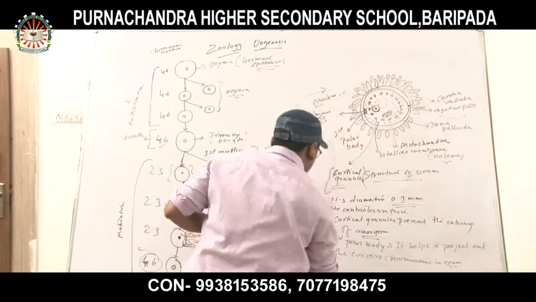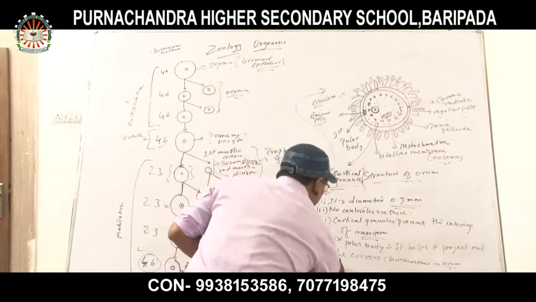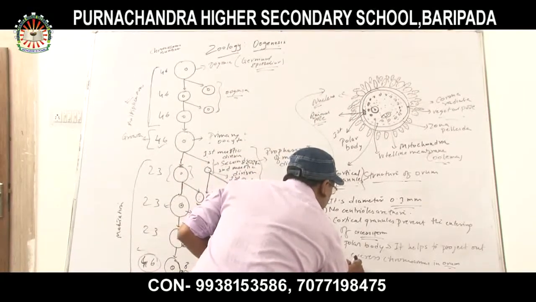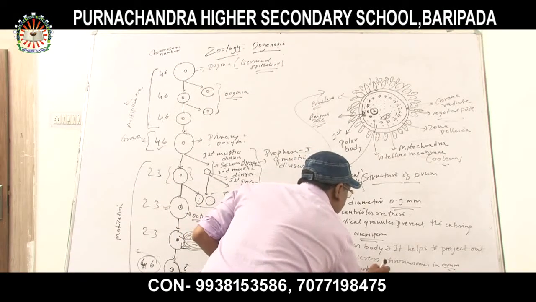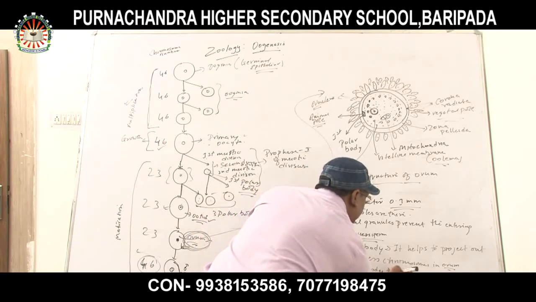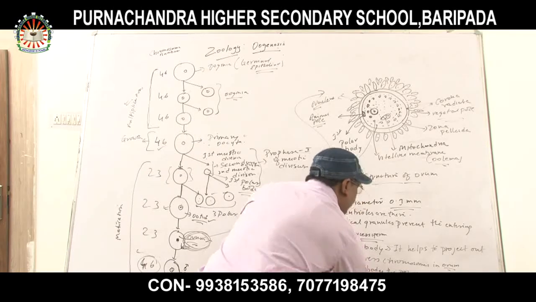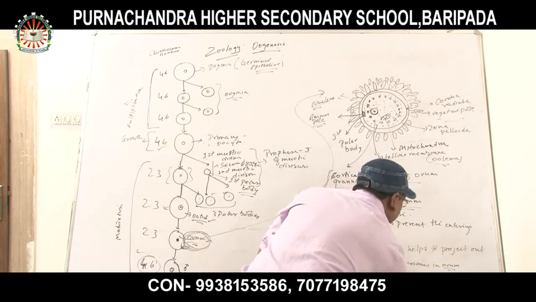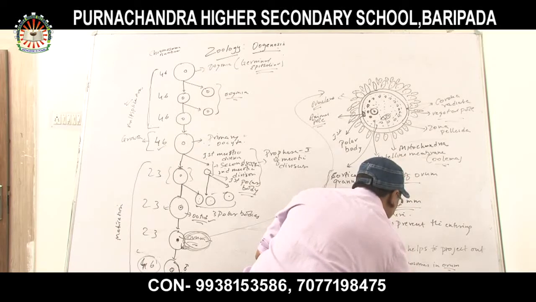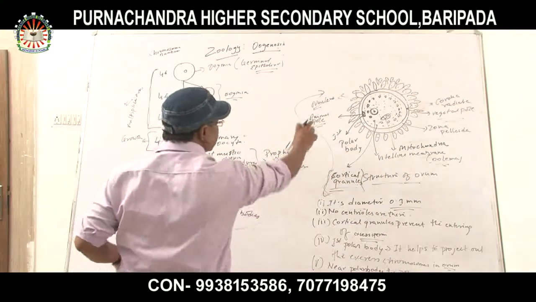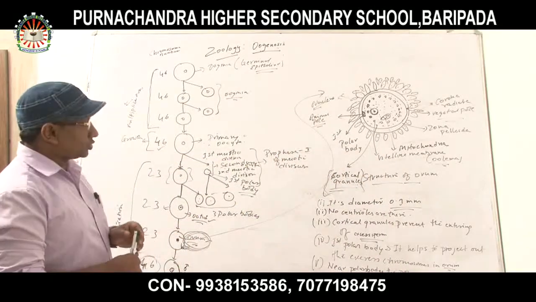Number 5: near the polar body, the pole present is the animal pole, and opposite to it is the vegetal pole. This is the structure of the human ovum.